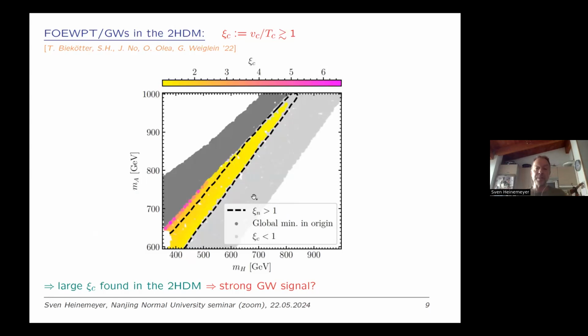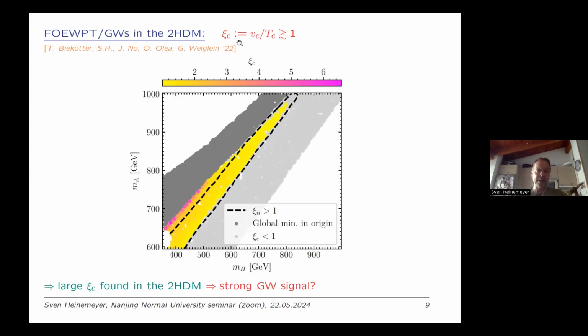And then we show as the color coding the quantity called Xi-C, which is the VEV at the temperature Tc divided by the temperature Tc. And remember, Tc is the temperature where the two minima have the same depth. And often in the literature, it was said that, yes, if we have a Xi-C that is larger than 1, this indicates that we have a strong first-order electroweak phase transition.